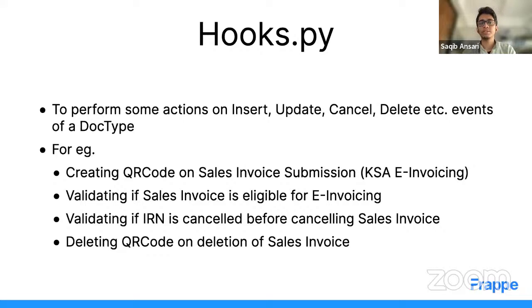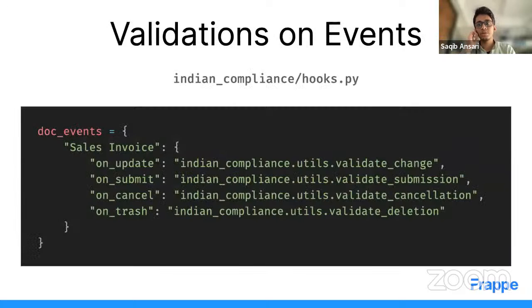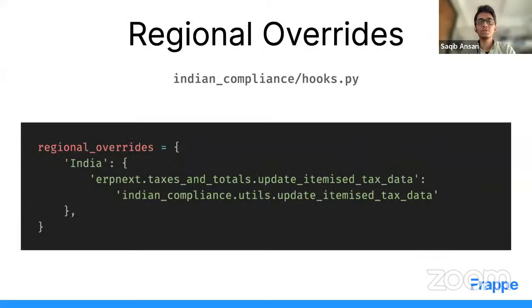Yes, so this is what it looks like for sales invoice on update, we validate if the change should be done or not, or submission, cancellation and deletion basically. And then you also have this overrides, regional overrides.